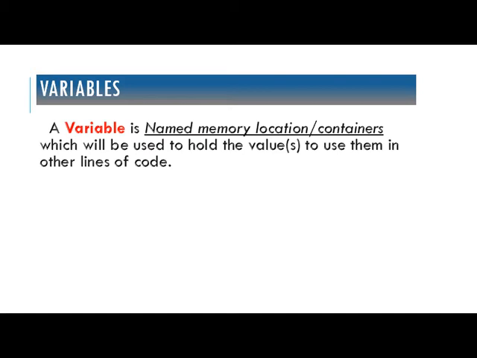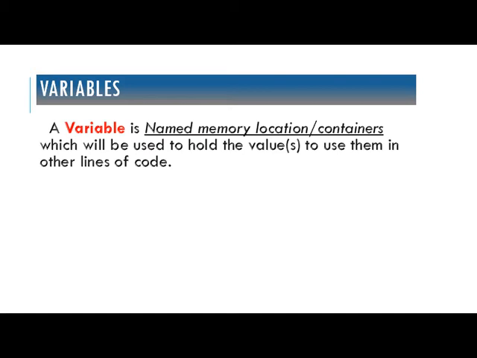So this memory location is called a variable, and we just give a name for that particular memory location. When we give a name, that becomes a variable. That's it. Another name is container. It's just a container which contains the data. It's a named memory location, or a container.